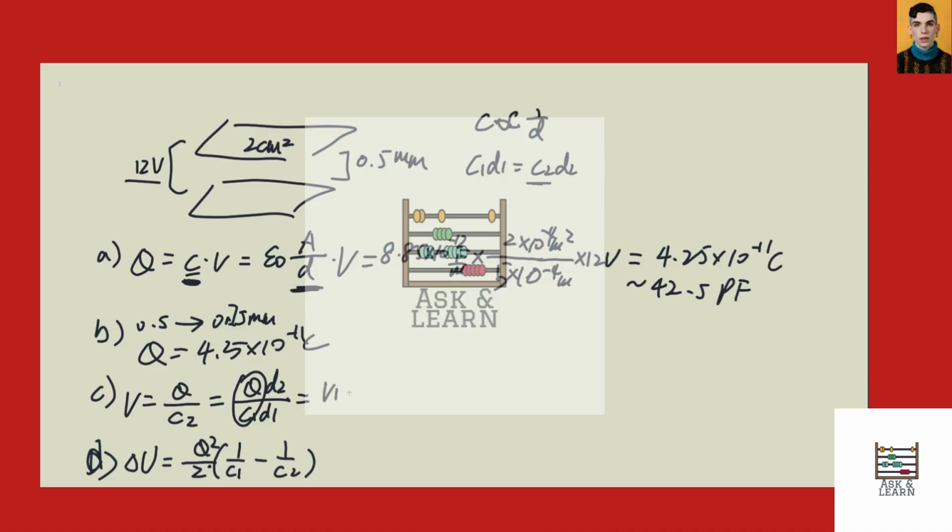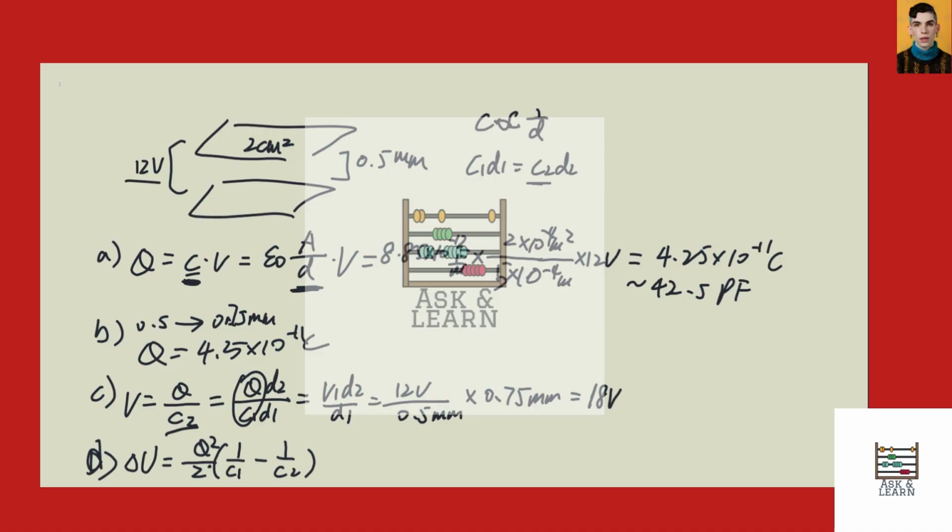So it's just V1 times D1 over D2. So it's 12 volt over 0.5 millimeter times 0.75 millimeter. You can also just put C2. It's just easier to do it with the ratio.